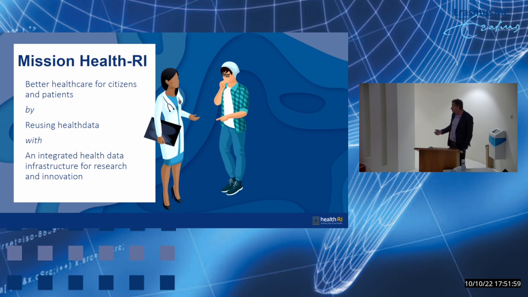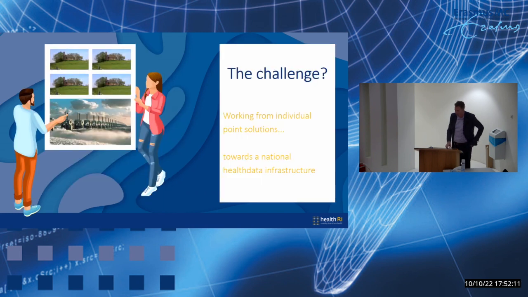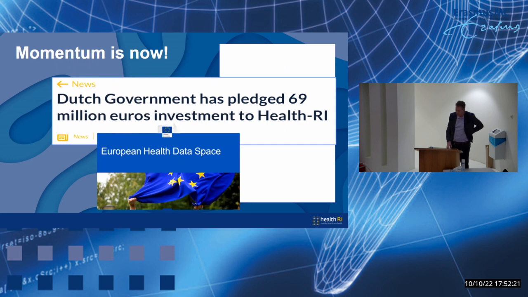So this is the overall goal of HealthRI: the idea is that we would like to be able to reuse all health data in order to create better health and better healthcare and to build an integrated data structure for that. And that's of course very challenging, and at the moment there are a lot of initiatives, multi-center collaborations on certain things, but I think we need to do better.